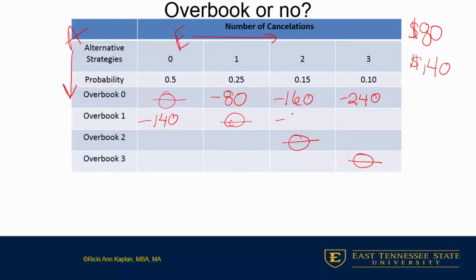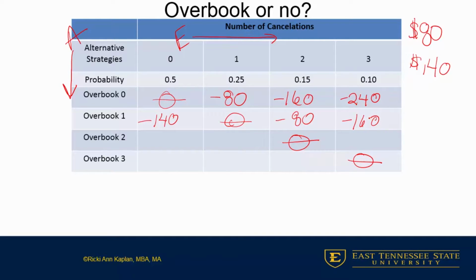So we're out $80. If we overbook 1 room and have 3 cancellations, we have that 1 overbooking we can put into one of our cancellations, but 2 rooms are still sitting empty. So we're out $160 for the night.